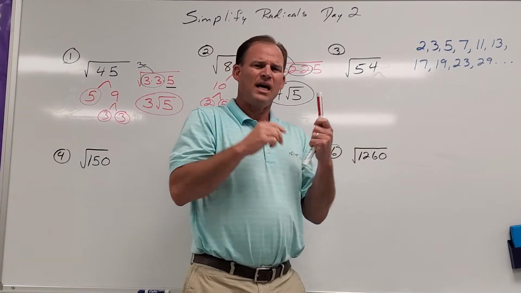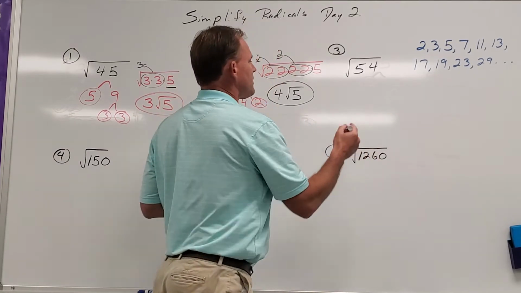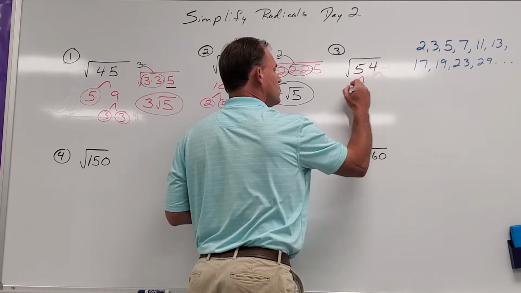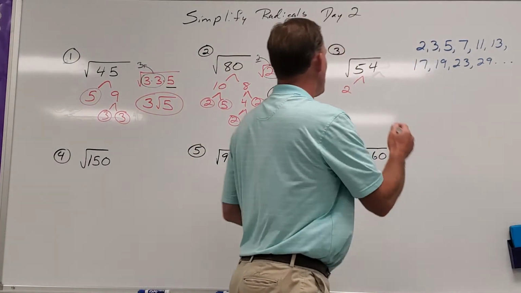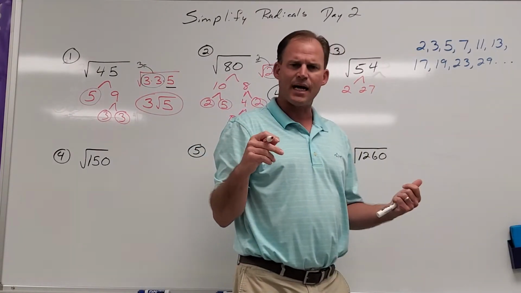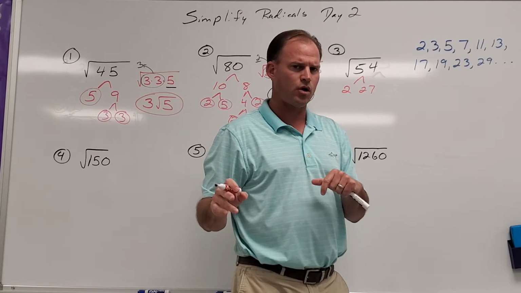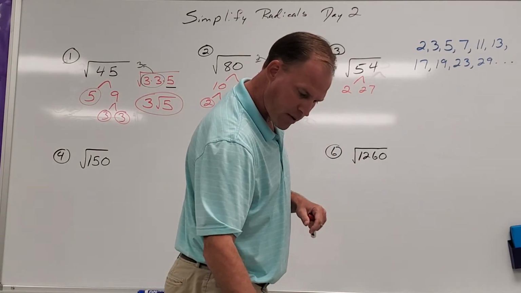54. Off the top of my head, I can't think of anything that goes into 54, so this is going to take me a second. I'm going with 2, and I'm grabbing my calculator, and I'm going 54 divided by 2. Well, that's 27. That's an odd number, so 2 doesn't go into it, but I'm going to go with 3. I punch in 27 divided by 3.